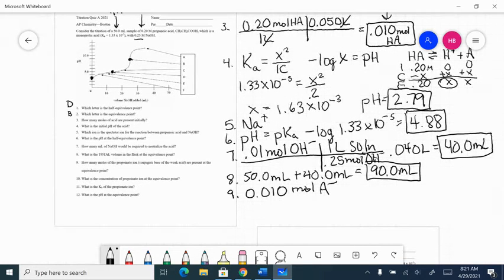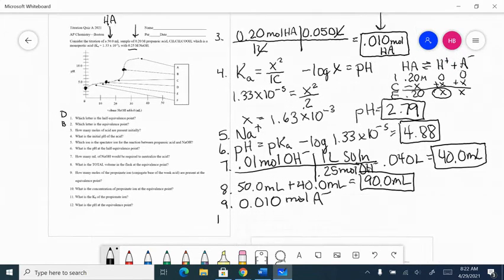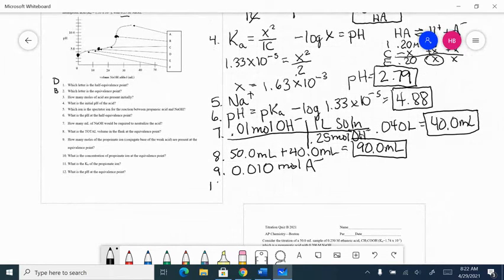Then it says, what is the concentration of the ion at the equivalence point? So number 10, if we're looking for concentration, remember concentration is the number of moles over the number of liters.